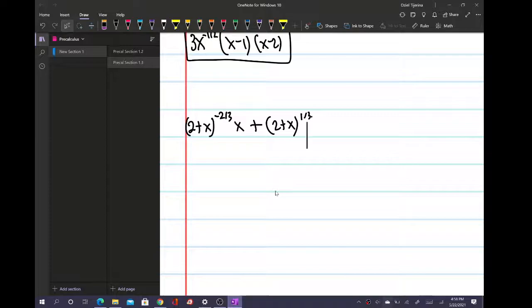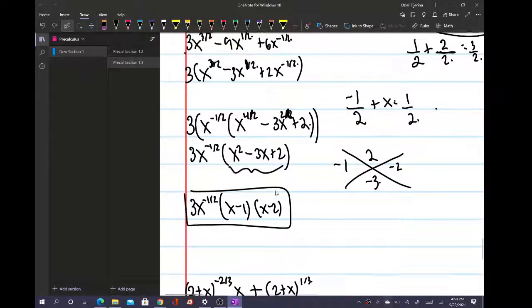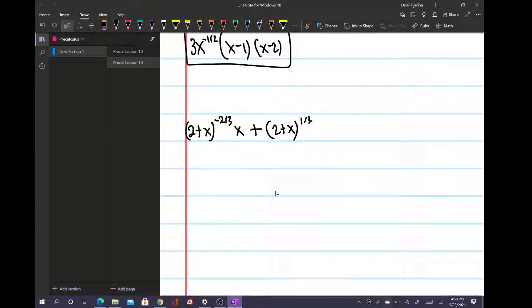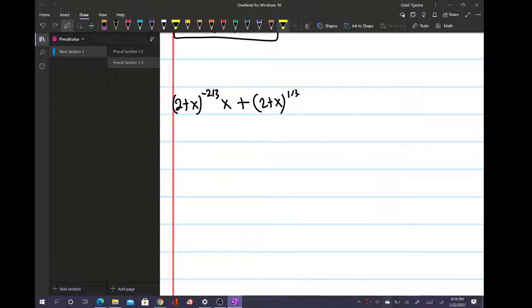Of course, you would want to try and factor out. So basically, factor out the lowest term, right? In that case, it would be -2/3, right? Now, this right here goes with this one.